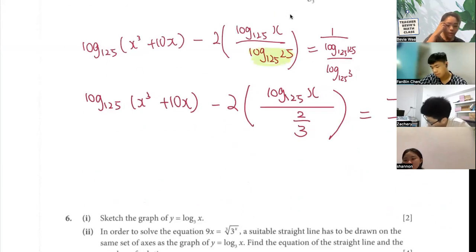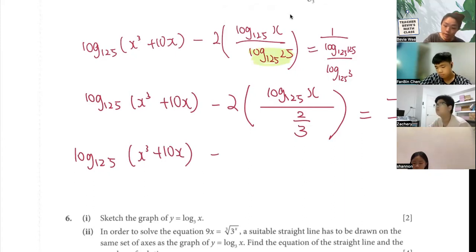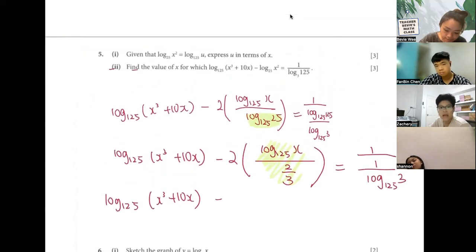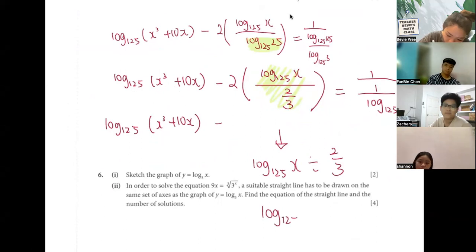Okay, so from here, to simplify a bit, I got fractions within fractions for both my left and right side, right? So 125 x cubed plus 10x to the power of negative 3. Negative 3, I will keep change flip. Okay, this portion here, let me pull this out. This is log 125 of x divided by 2 over 3, which gives me log 125 of x times 3 over 2.